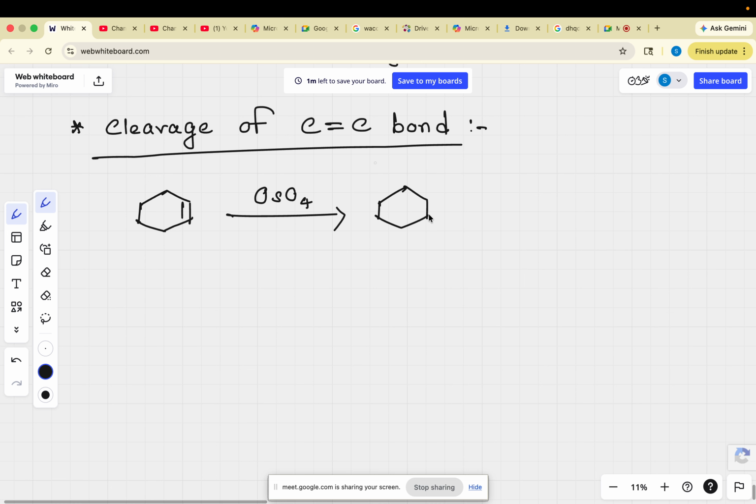Then syn dihydroxylation. So you will get a diol, OH here and OH here also. You can show one above the plane and one below the plane, both are correct.